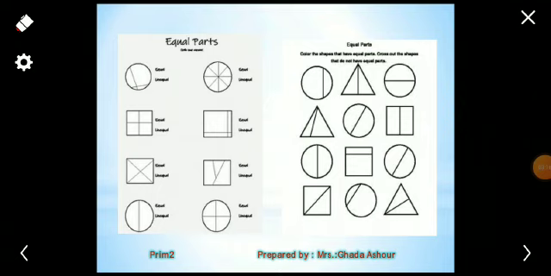Divided into two equal parts, so we can color it. But that circle is divided into two unequal parts, not equal at all. So don't color it. What about that triangle? That triangle is divided into two equal parts. So color it.